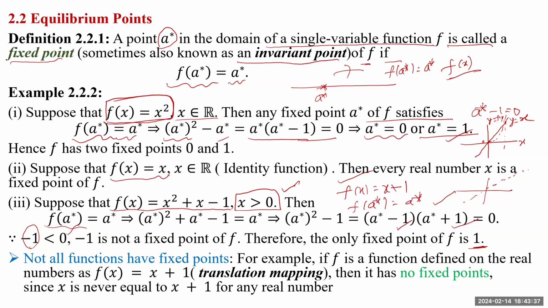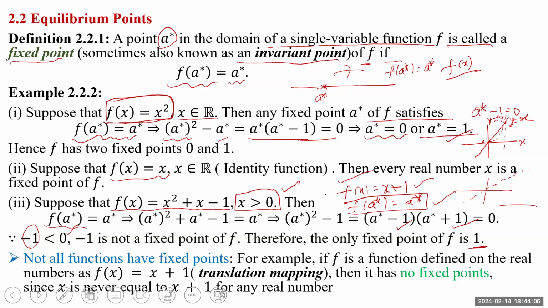Can you find any such point on the real line? Is it possible to find a point a* such that f(a*) = a* for this function? Impossible. You can't find such a point.